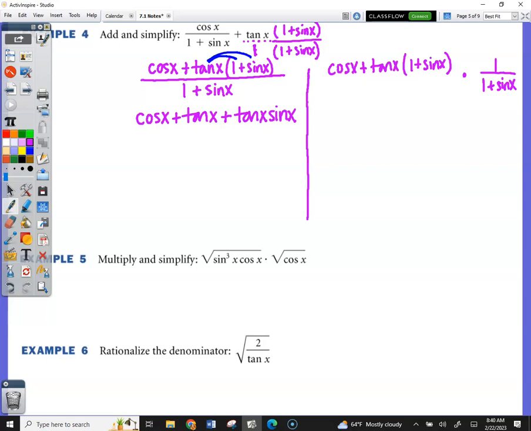That was just the top. If you want, you can write this all over 1 plus sine x, so you're staying consistent. Or you could say to yourself, I'm just going to work with the top real quick. You're making a note like, okay, I'm just going to manipulate the top. I need to clean the top up before I put it right back into that fraction. So I'm not going to write the bottom, because the bottom can't do anything for me right now until I clean the top up. The top is a mess.